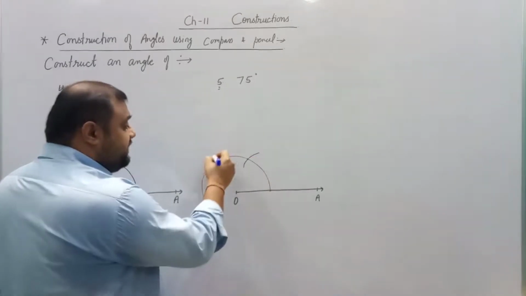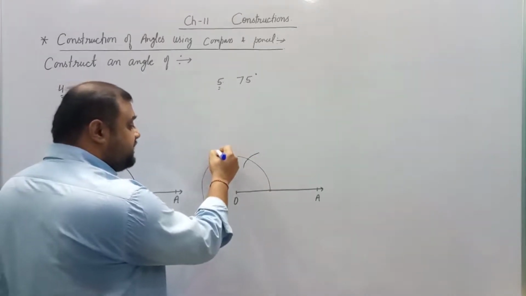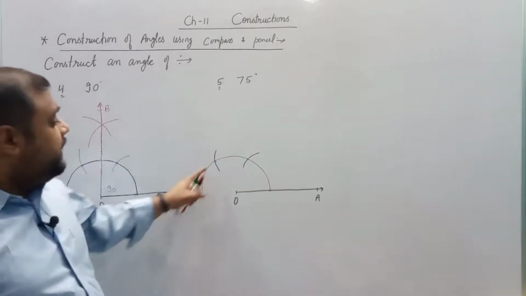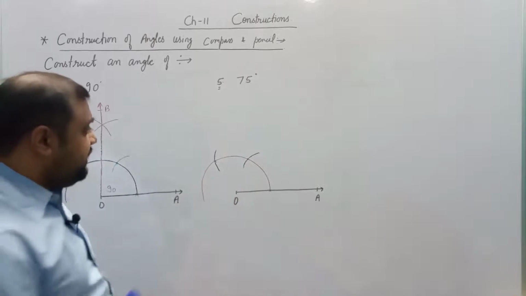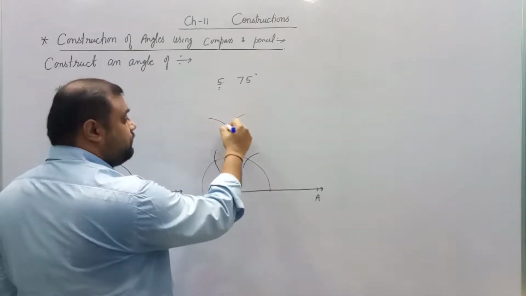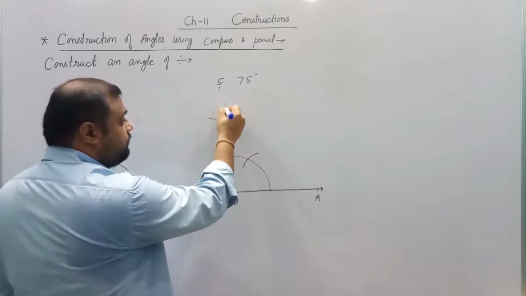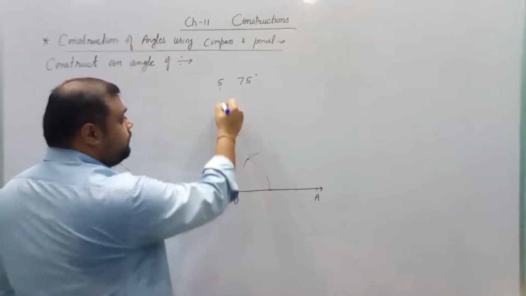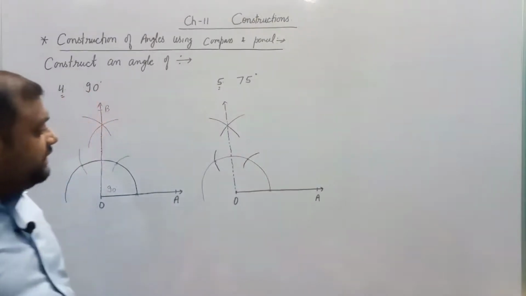Taking this point as center with the same radius, construct an angle of 120 degrees. Now the bisector of 120 and 60. This angle is 90 degrees.